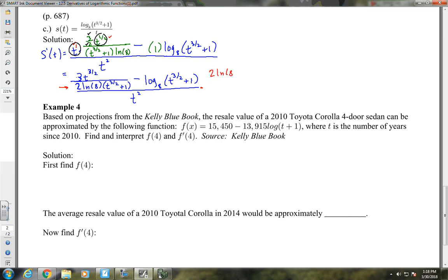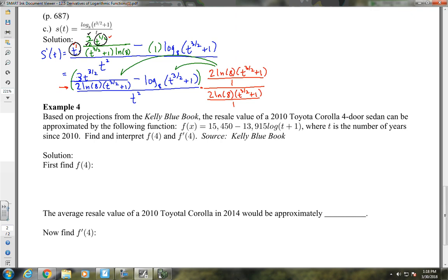2 natural log of 8 times t to the 3/2 plus 1. I'm going to multiply the entire numerator by that. I'm going to put it over 1, just to be clear that it belongs to the numerator. Then I'm going to do the same thing to the denominator. So essentially, I'm multiplying this fraction by a real fancy 1. But because I have two terms in the numerator, I'm going to need to distribute this across that numerator.